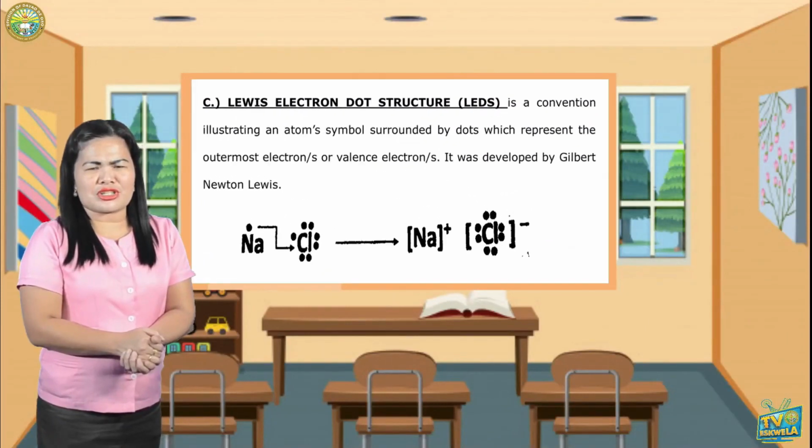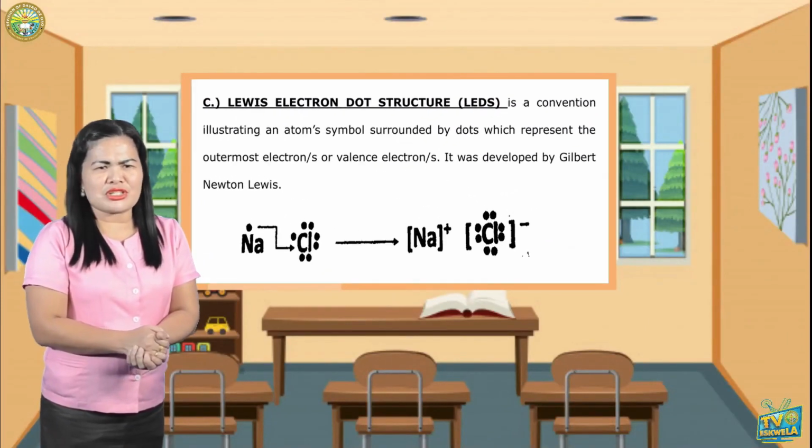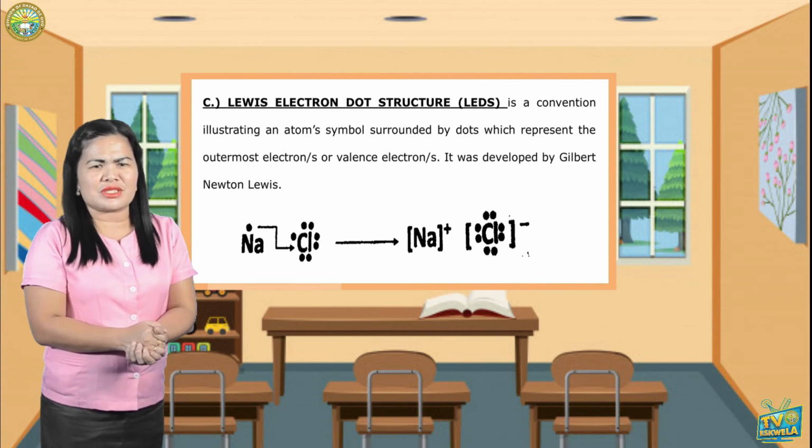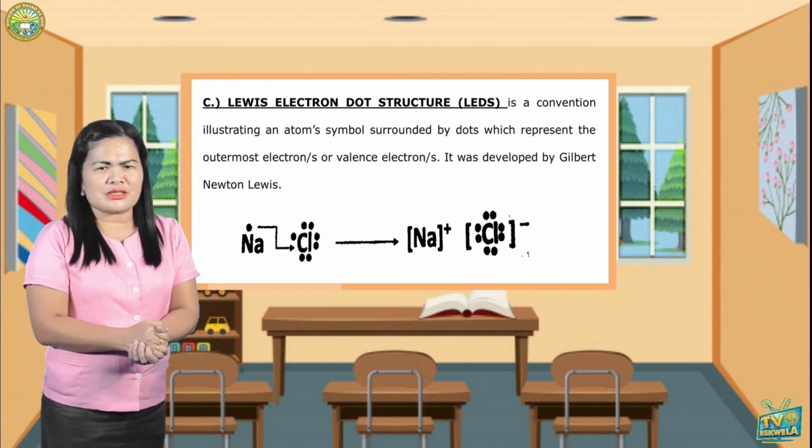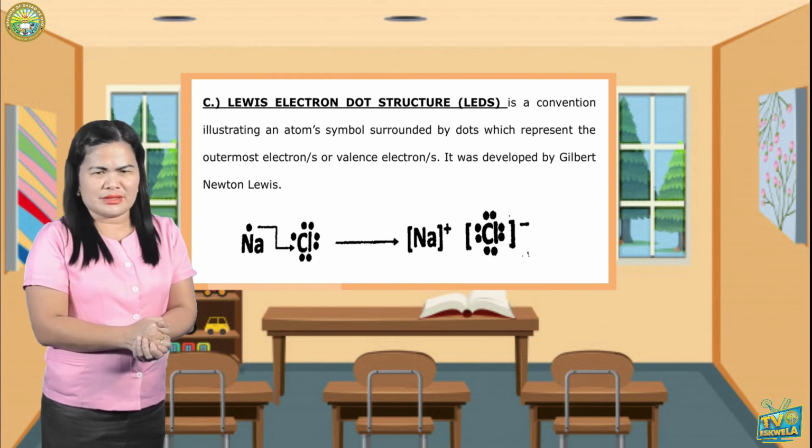Lewis electron dot structure or LEDS is a convention illustrating an atom symbol surrounded by dots which represent the outermost electrons or valence electrons. It was developed by Gilbert Newton Lewis.